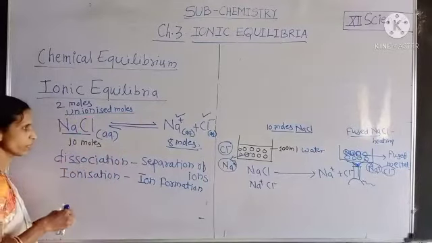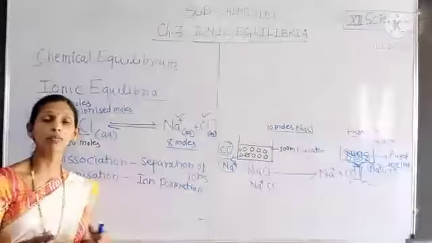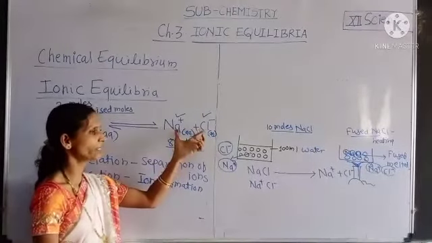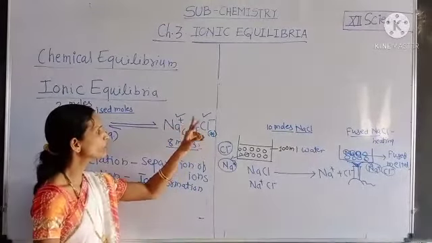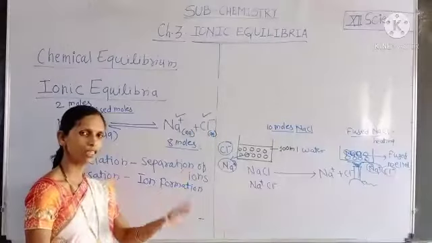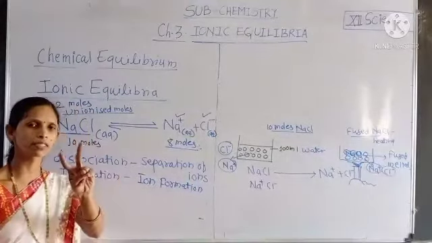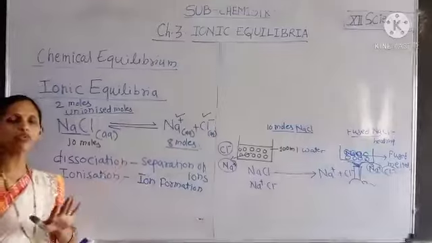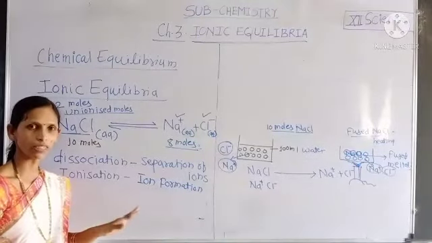That means at equilibrium, when 8 moles get dissociated, there are 8 moles of Na plus ions and 8 moles of Cl minus ions present in the solution, and 2 moles of NaCl which is unionized, that is, not present in ionic form.